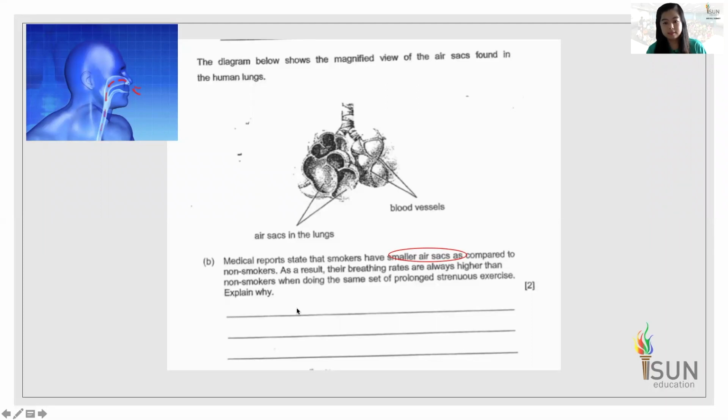Now, first thing first, let's pick up the important keywords. The keyword here is smaller air sacs. And when you see smaller air sacs, you will think of lesser exposed surface area. Another keyword spotted is breathing rates are always higher. Now we call out the answering template and we input it here at this second part.